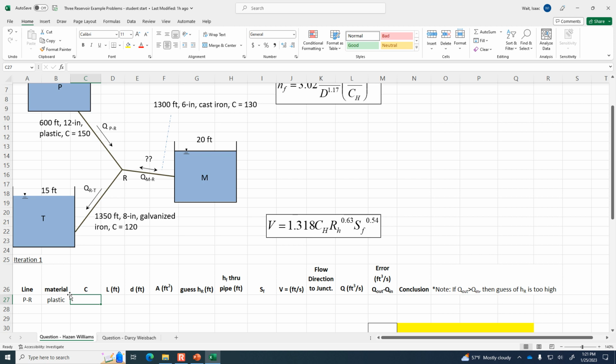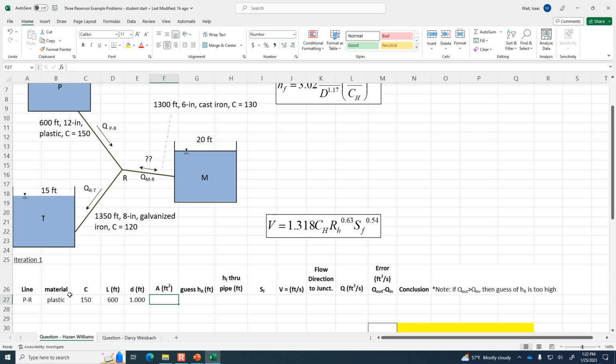The C value that we can get from the diagram, that roughness coefficient, is 150. The length of the pipe is 600 feet. The diameter is reported in inches, but here it wants it in feet, so I'm just going to say 1 foot diameter.